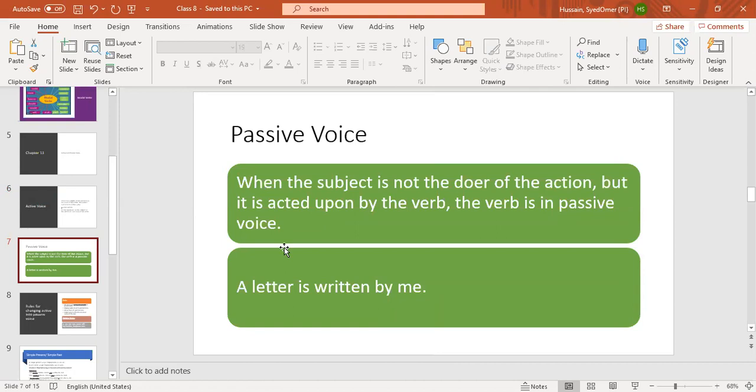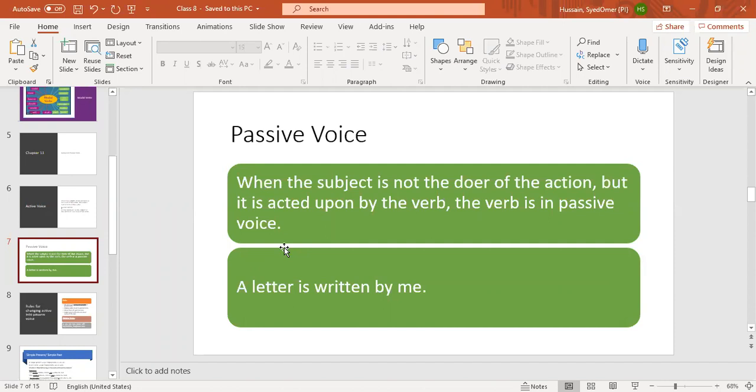When the subject is not the doer of the action but is acted upon by the verb, it is passive voice. In simple words, when the object comes in the beginning of a sentence, then the verb changes into passive voice.